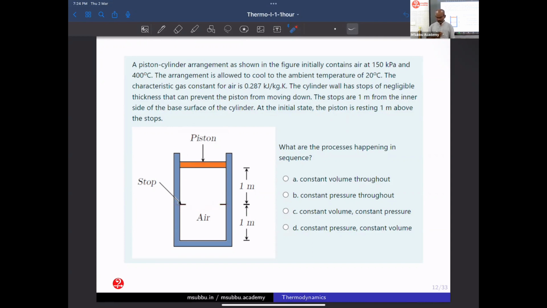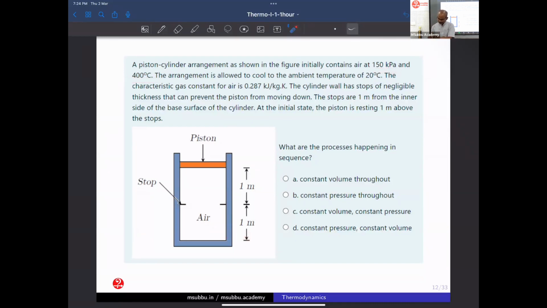After that, the weight of the piston is the same, but once the piston touches this point, further movement is arrested. So the process happening after the piston touches this point is a constant volume process, because the cooling is still going to happen as there is a large change in temperature.